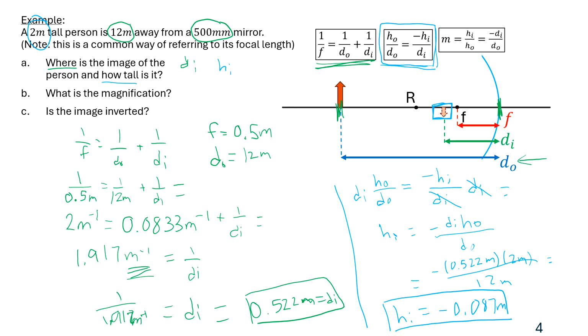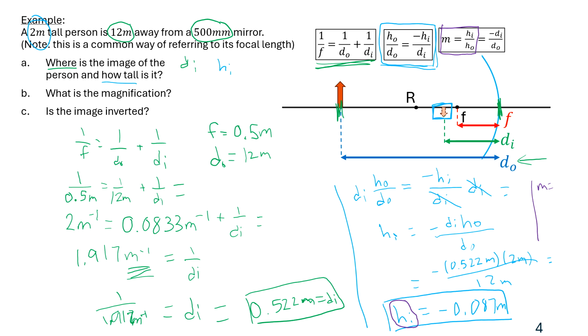What is the magnification? So just from a simple point of view, the magnification is the image height divided by the object height. That's exactly what the magnification means, right? That this part of the equation is like, how much has it been magnified? And so it is a unitless number. M is HI over HO.